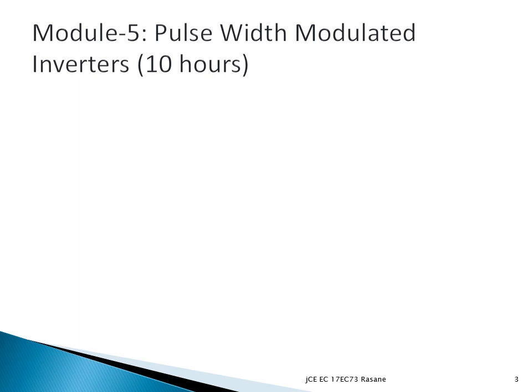Module 5 basically consists of pulse width modulated inverters, and we have about 10 hours allotted for it. In that, we can divide it into two parts.